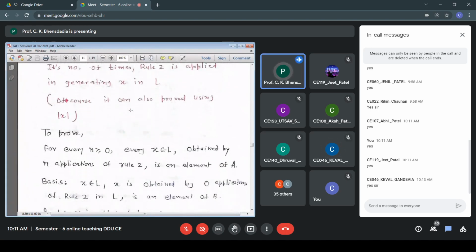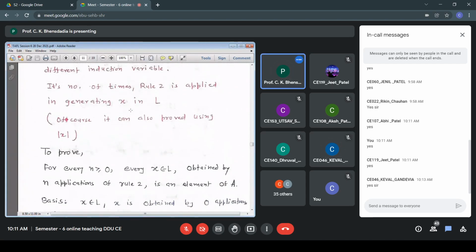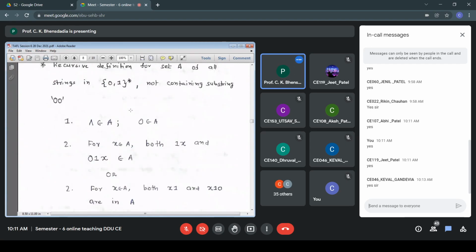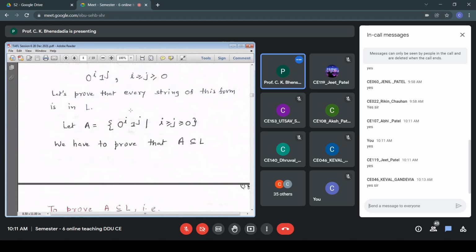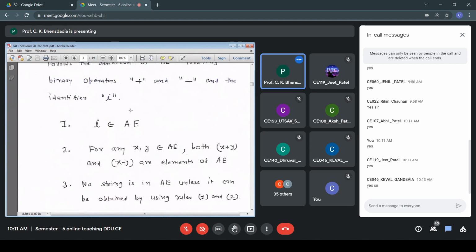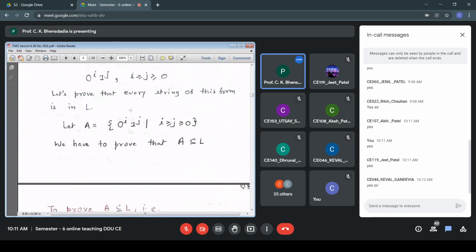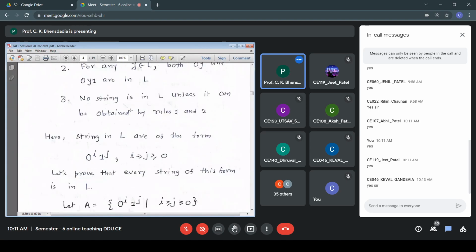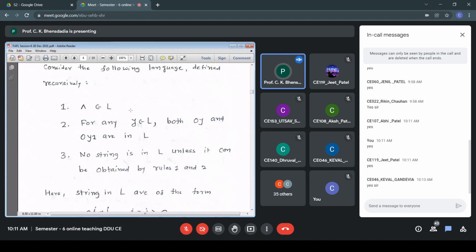So the induction variable is the number of applications of rule 2, and n starts with 0 because even if I don't apply rule 2, I can still generate a string in L using rule 1, because null belongs to L. Even if I don't apply rule 2, what is my n?